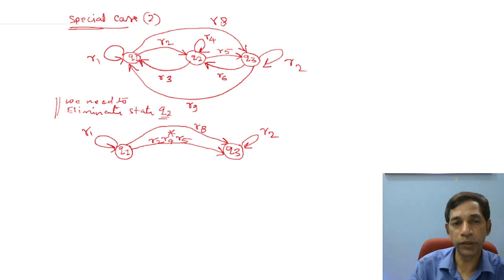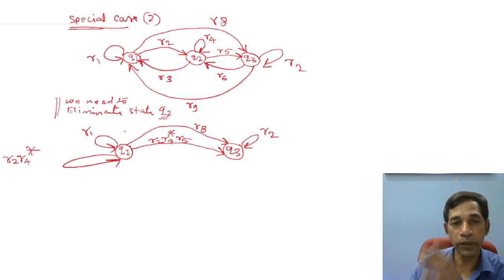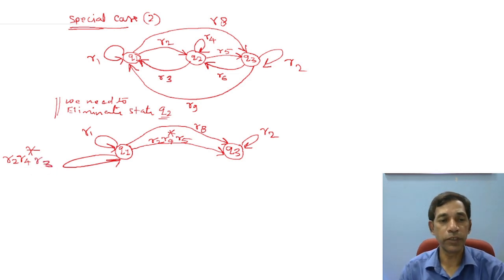So Q1 and again you are coming back to Q1, means this is the kind of loop you have. What is the regular expression corresponding to this loop? From Q1 you are going to the state Q2 for the regular expression R2. Then from Q2 you have the loop which is for the regular expression R4, so you can make the Kleene star of R4. Then you are coming back to the state Q1, and for that you have the regular expression R. So this is the loop.